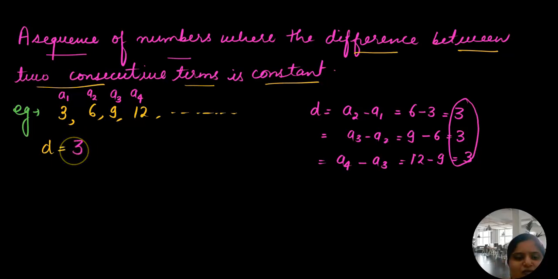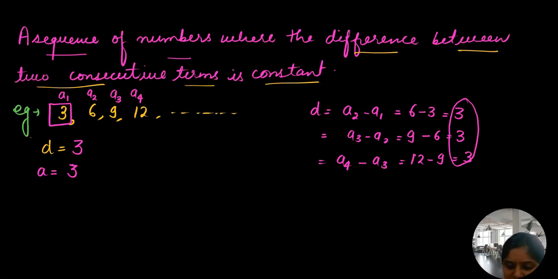So we can write these values. Can you tell me what is the first term in this sequence? The first term we denote by the letter a. a is 3. Common difference is 3 and a is 3.